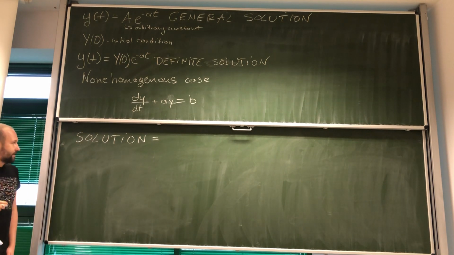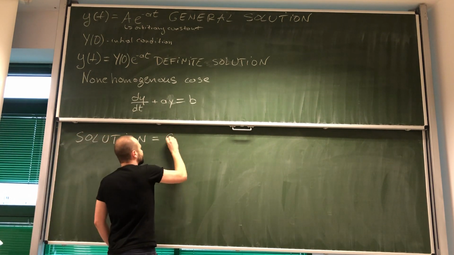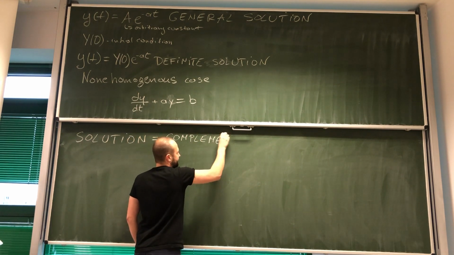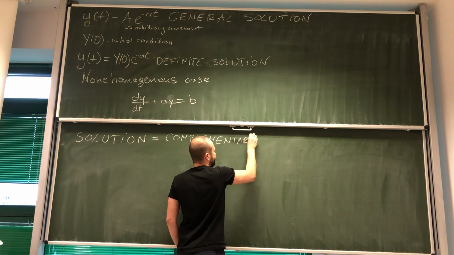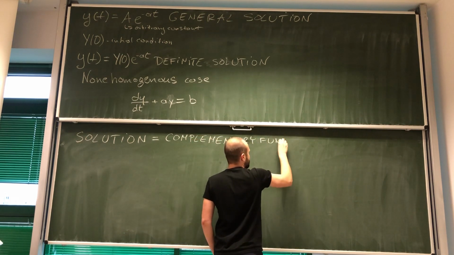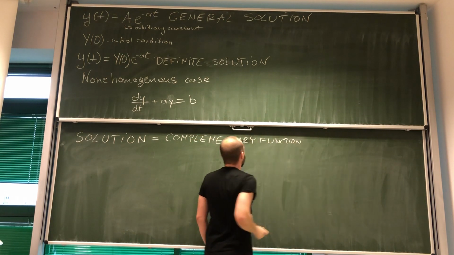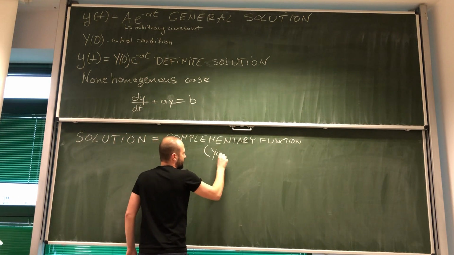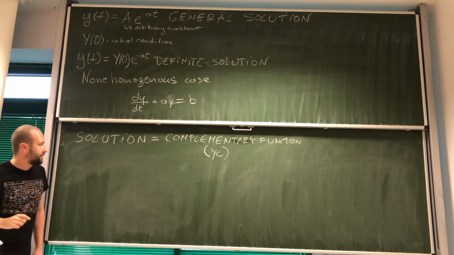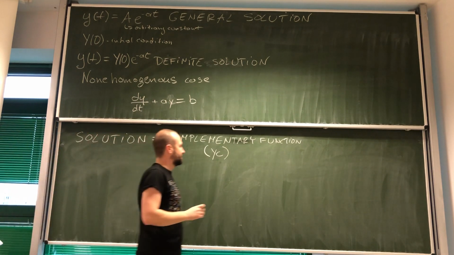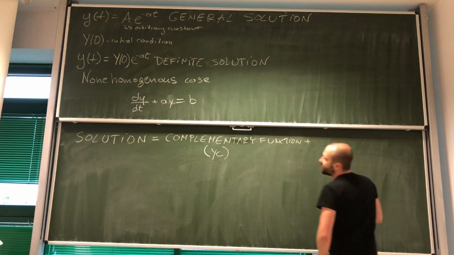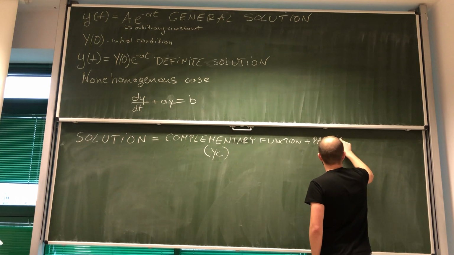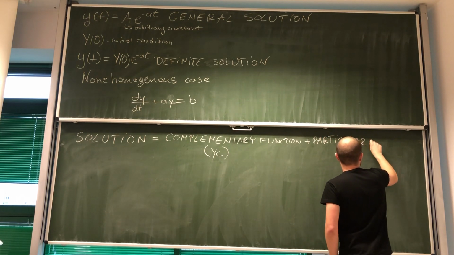The first part we're going to call complementary function. And we denote this complementary function by yc. The second part is going to be called particular integral.